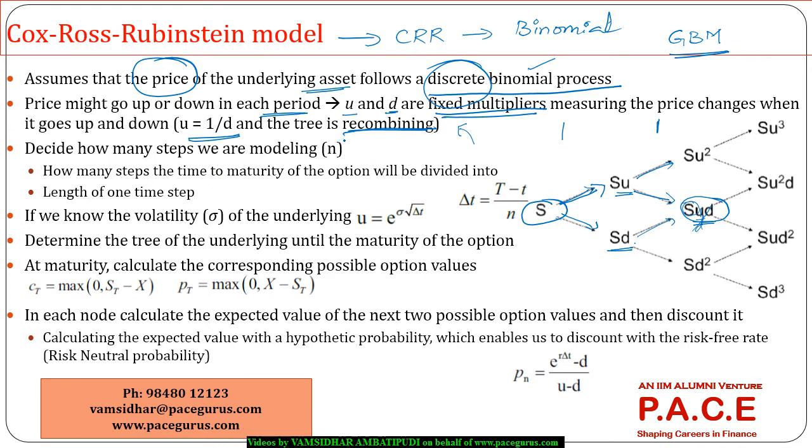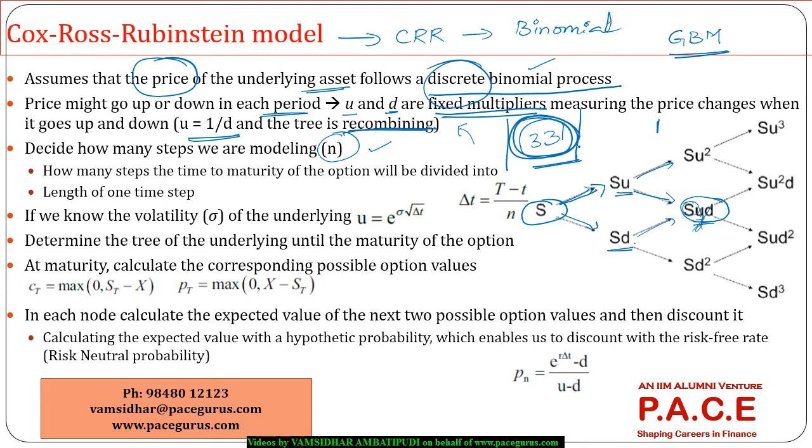Now, as a person who is evaluating the price of this particular option using this model, the first thing is I have to decide how many steps we are modeling, right? Which means, okay, now we have 33 days for our option maturity, 33 days for expiration of our option.